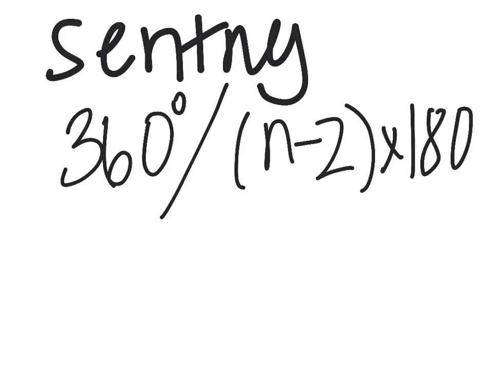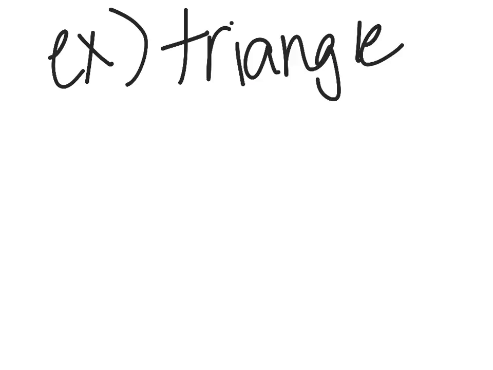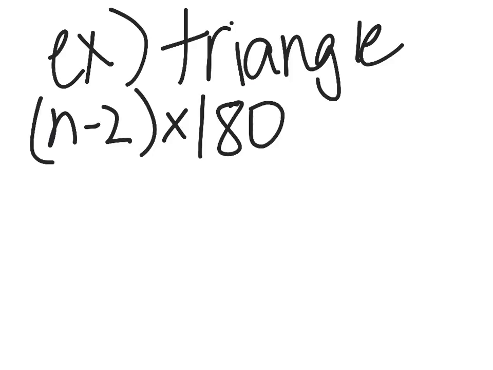Now to prove this, here is an example. Let's go by the same two polygons, a triangle and a hexagon. To start off, let's do a triangle. The sum of the interior angles of a triangle would be n minus 2 times 180, and since it's a triangle, there are 3 sides and angles.